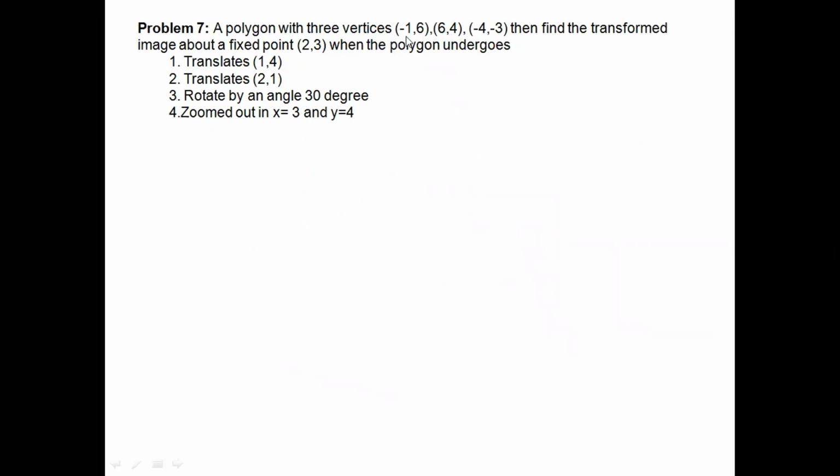One statement is added to it: a polygon is given with three vertices, the same vertices, then find the transformed image about a fixed point. So now you have to perform the transformations about this point, a point is given, 2 3.